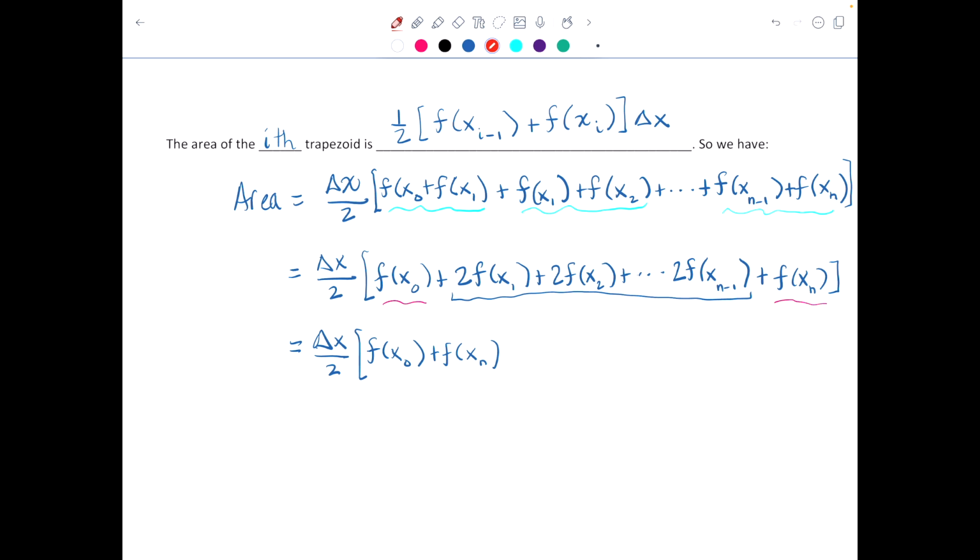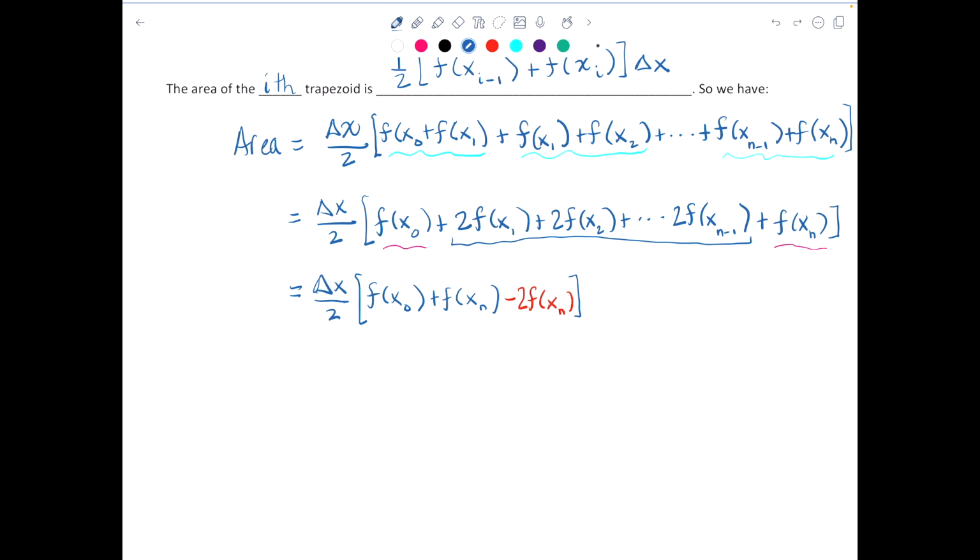So here's the deal. I am going to subtract 2 f at xn's here. Okay, so far? Now, what I'll have left is this. I'll have 1/2 times 2 f at x1 plus 2 f at x2 plus dot dot dot plus 2 f at xn.